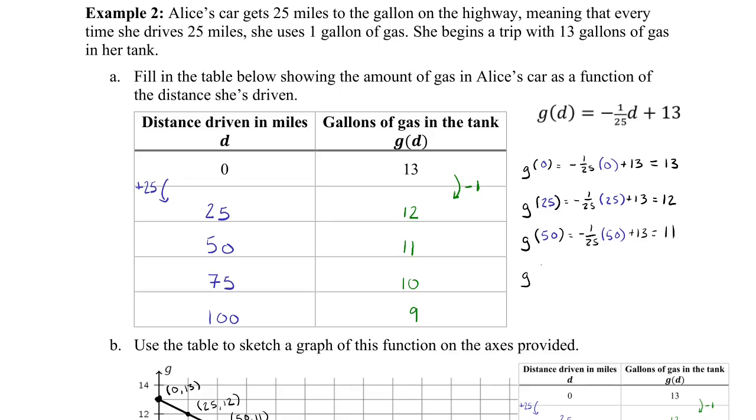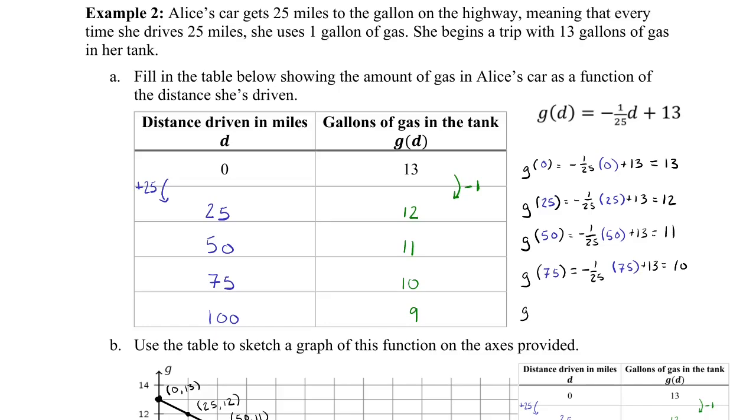G of 75 is negative 1/25 times 75 plus 13, which is 10.